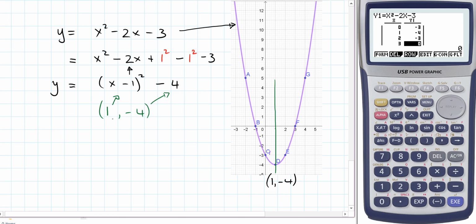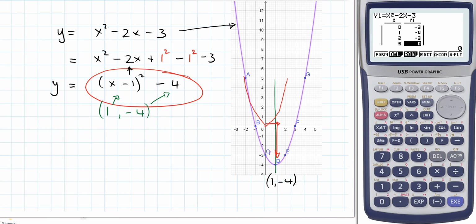This basically shows the transformation of the original parabola y equals x squared, which would have come through something like this, and how it's been transformed. It's been shifted 1 place over and 4 places down. And so the completed square format gives the instructions for that transformation, the shift that you have to do. It gives you the turning point of the graph.